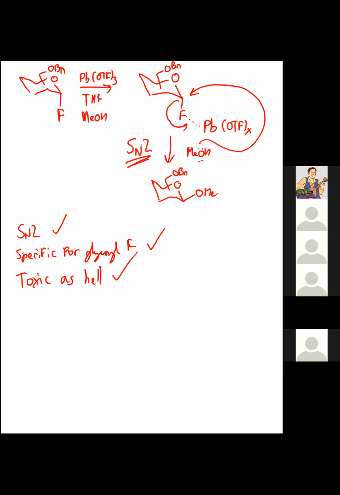Check. So, you have options. It works, and depending what else is going on, you might not reach for your lead triflate. It's also a lot more expensive than anything else. But it does work really well to give you this SN2 control of fluorides. And this course is all about paper chemistry. So who cares about toxicity? Toxicity is a worry for real people.